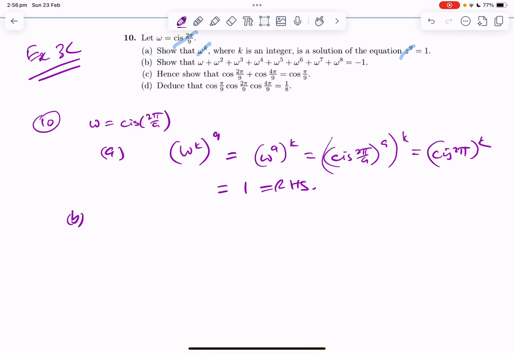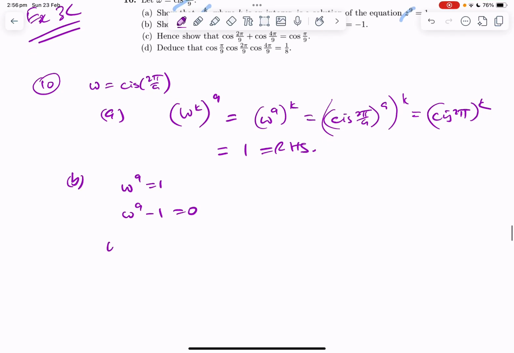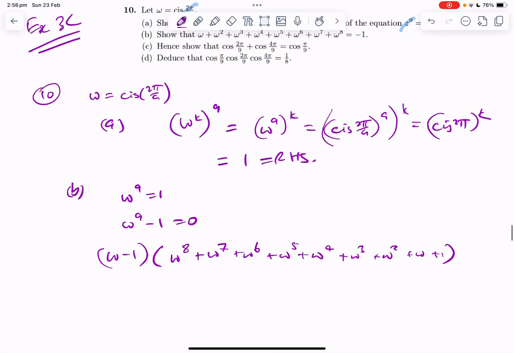Part B, I think the student who asked me this already recognized that if omega to the 9th equals 1, then omega to the 9th minus 1 equals 0, and they have performed the classic factorization of those powers, which I'm going to write in descending order. Omega to the 8th, 7th, 6th, 5th, 4th, omega cubed, omega squared, omega and 1 equals 0.